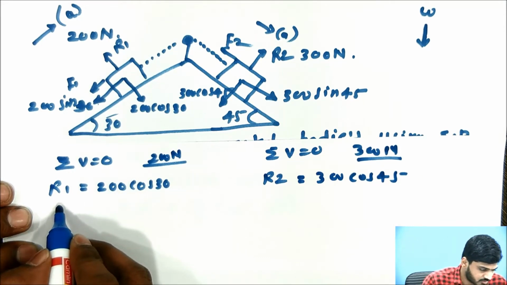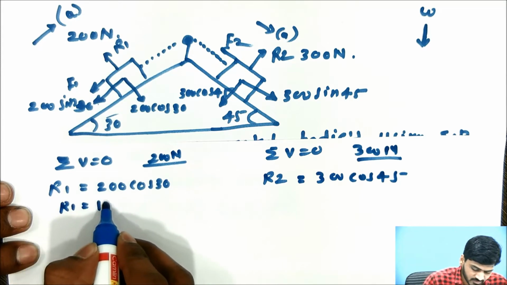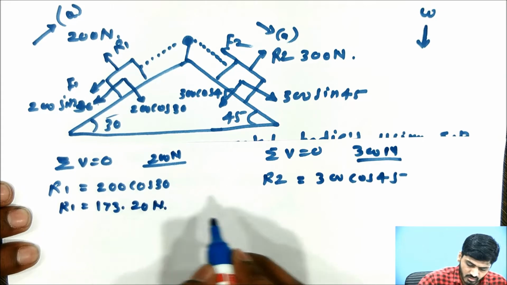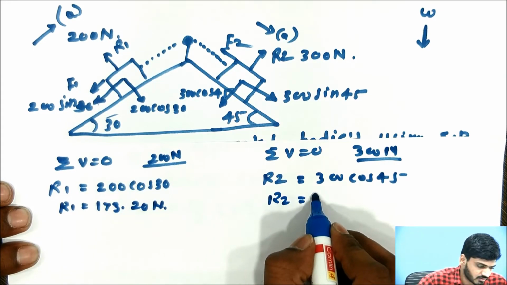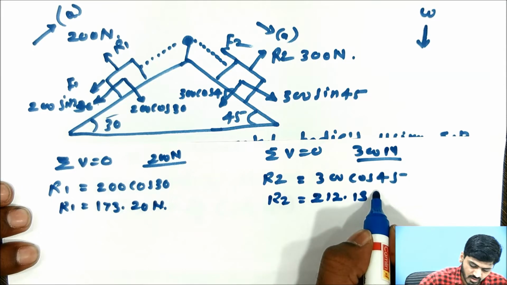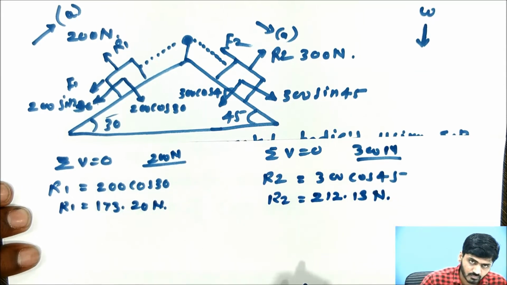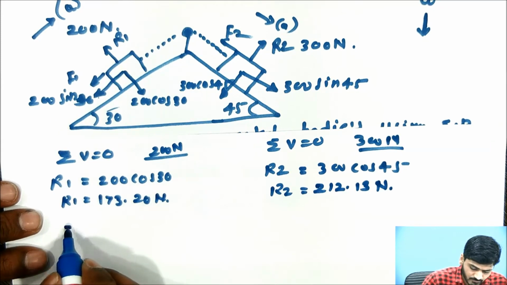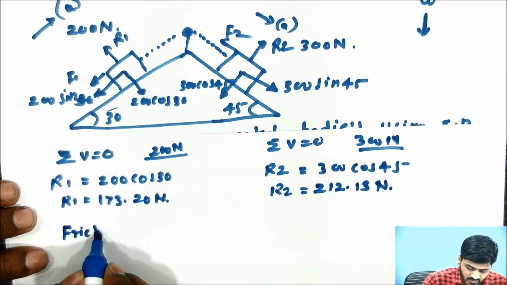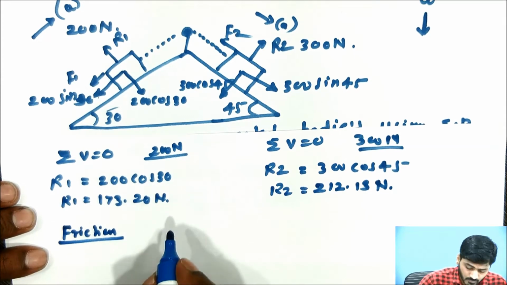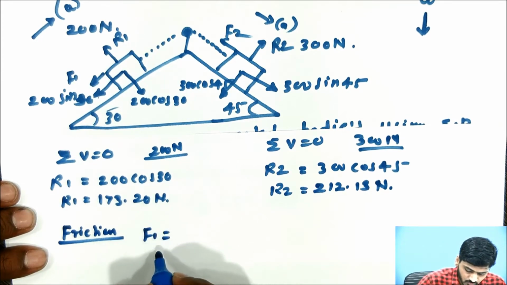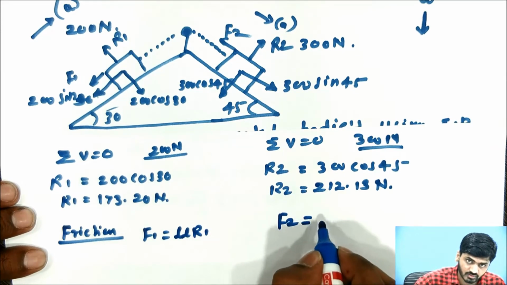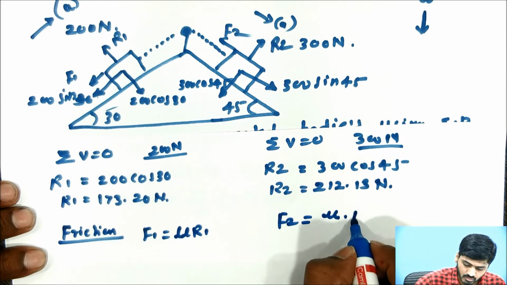So you may calculate the value of R1: 173.20 Newton. The value of R2 is 212.13 Newton. Next, by considering the friction law, F1 is equal to mu into R1, F2 is equal to mu into R2.